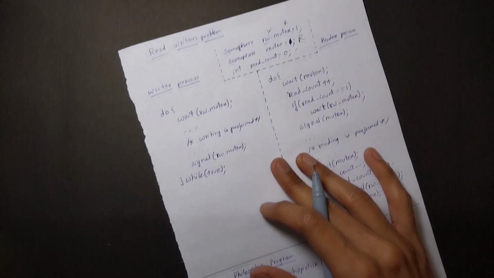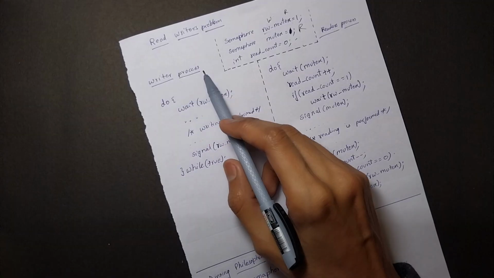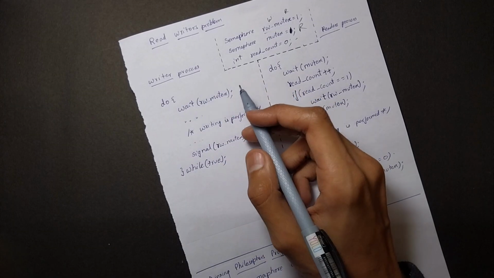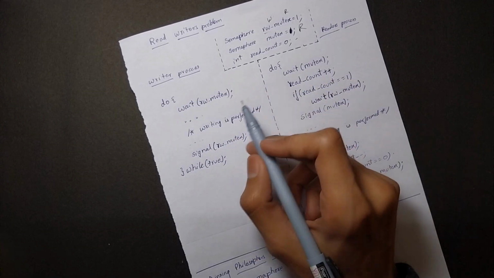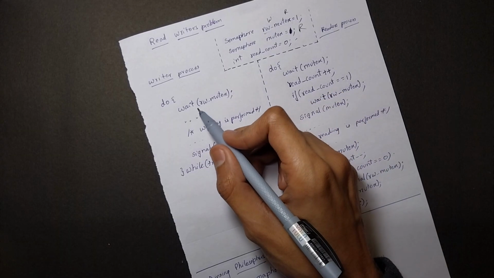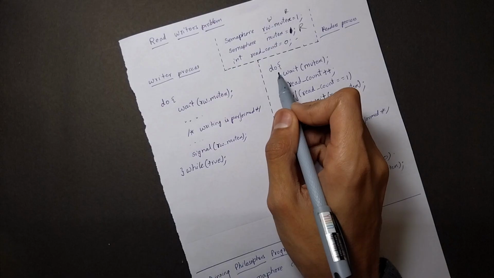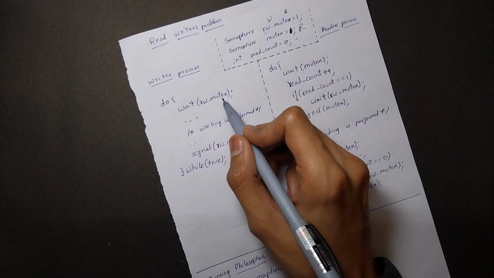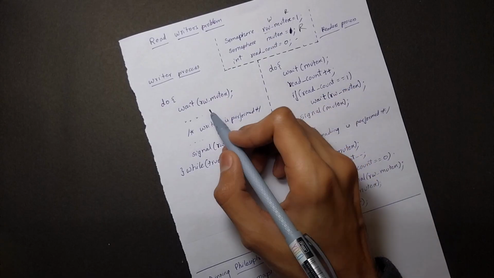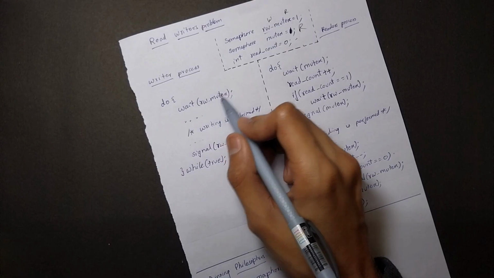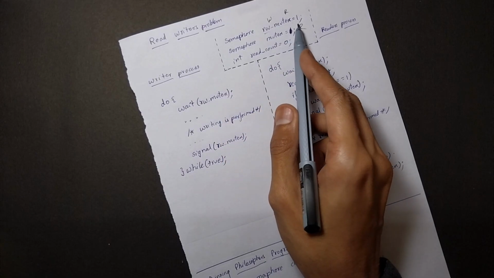Let us understand step by step. So first we'll understand the writer process. So what does it do? Whenever a writer tries to request, it will first check whether some reading operation is being done or not. So that is why read write mutex is global for both of them. So what is the value for read write mutex? It is 1, right?